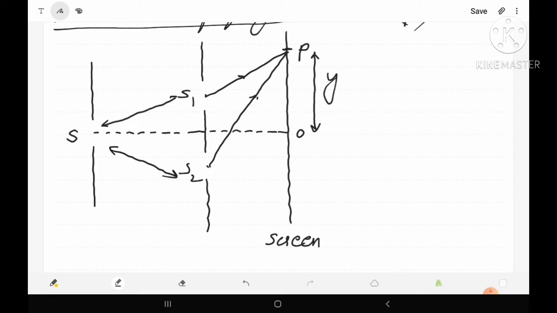So suppose the separation between S1 and S2 is 2d, and the separation between the assembly of slits and the screen is capital D, and the light used has wavelength lambda.